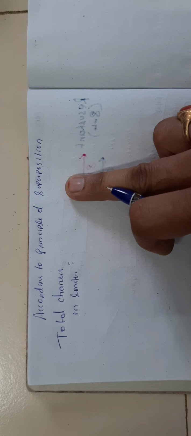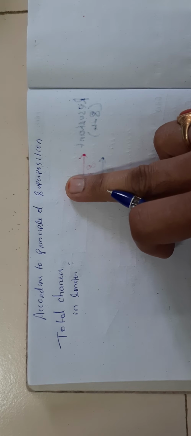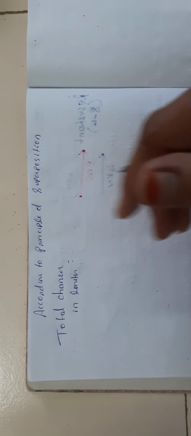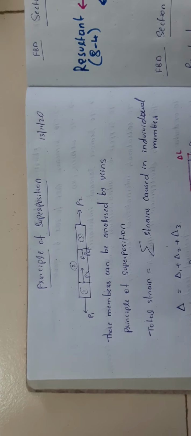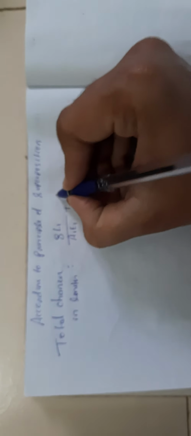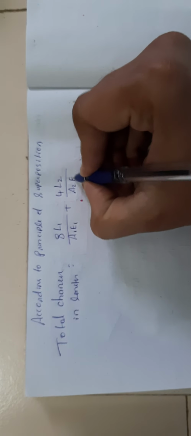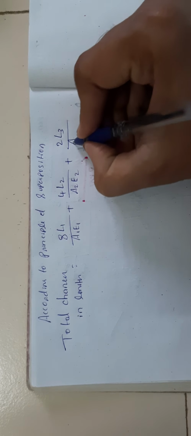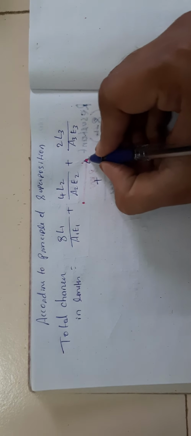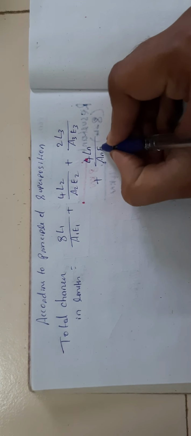Because our strain is very small, it is in mm, 1 mm or less than 1 mm or less than 2 mm, you can apply this principle of superposition for smaller strains. For larger strains you cannot apply. So the total change in length will be 8L1 by A1 E1 plus 4L2 by A2 E2 plus 2L3 by A3 E3 plus 4Ln by An En.